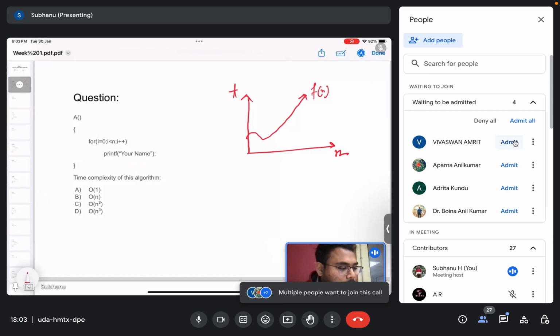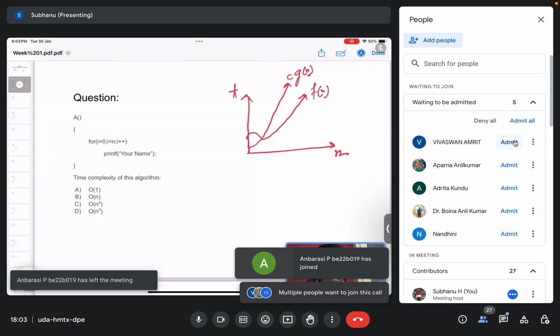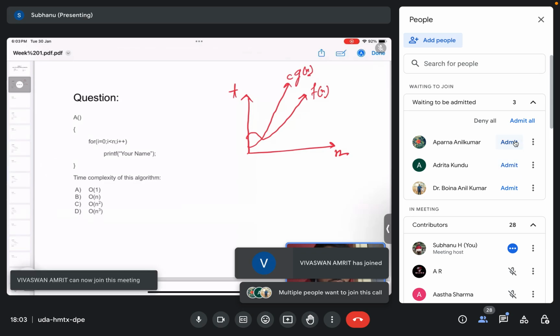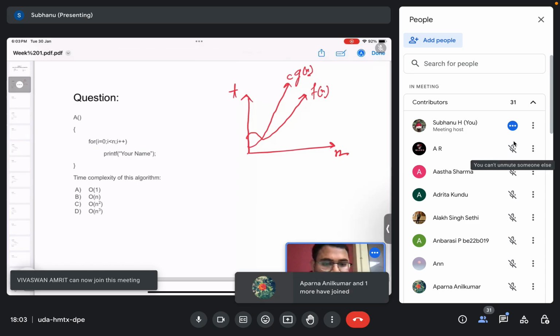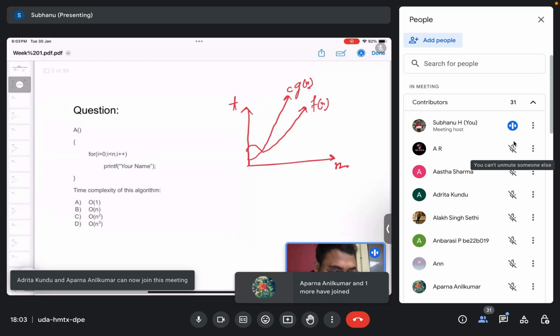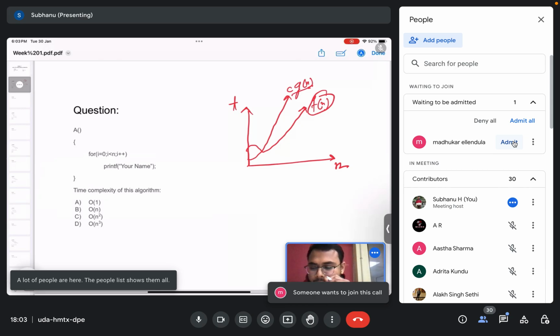So we have to find an upper bound for this function. We have to find this c of g(n). So we need to find the upper bound of this function f(n), which is g(n).